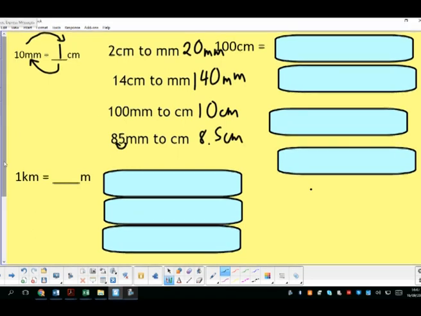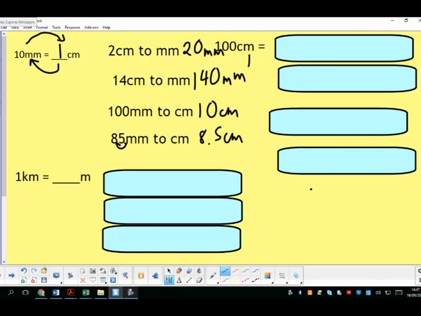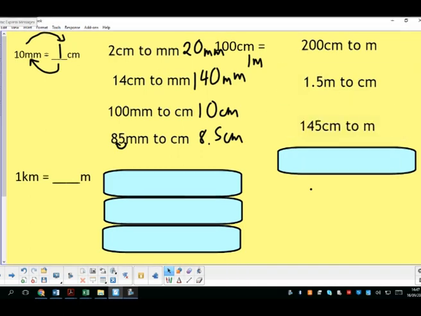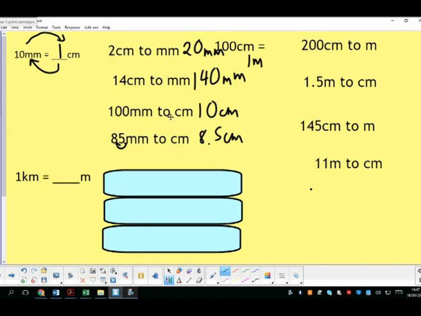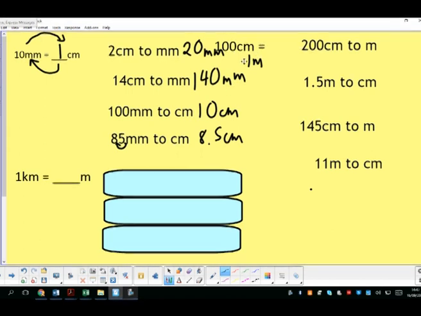Okay. So 100 centimeters we've seen is equal to 1 meter. So let's investigate that a bit further. So again, instead of multiplying or dividing by 10, because 1 meter is 100 centimeters, we're multiplying or dividing by 100.